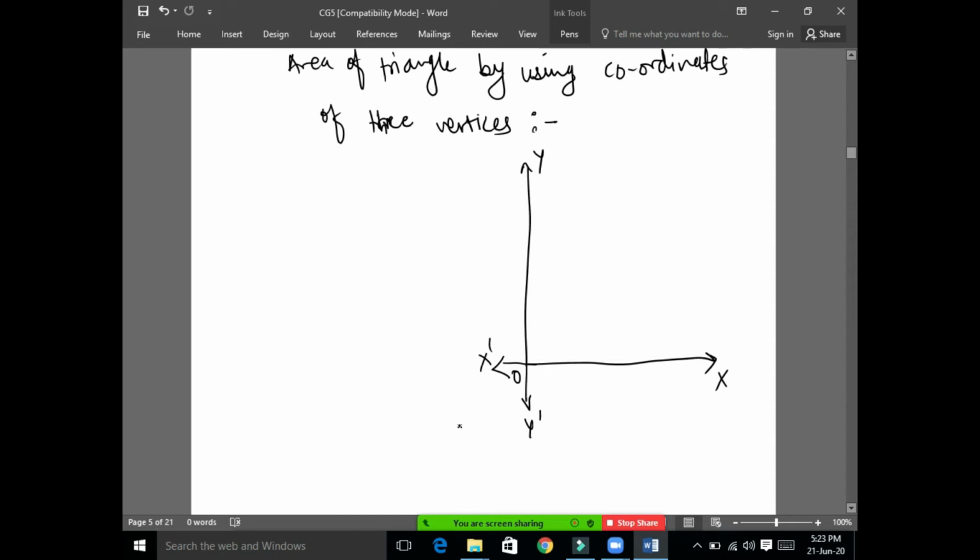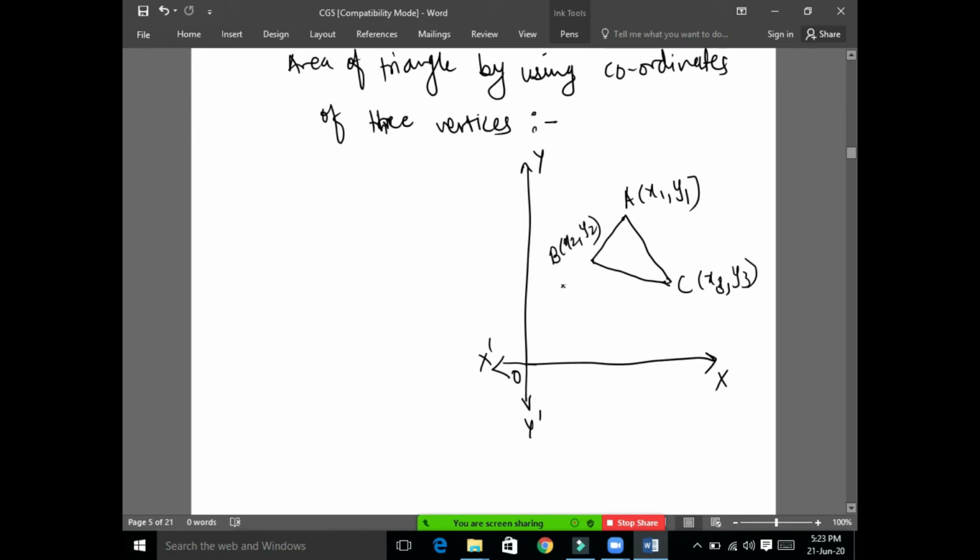Suppose this is point A of (x1, y1), this is another point B of (x2, y2), and another point C of (x3, y3). So join these 3 points so that we get triangle ABC, which lies in a plane.